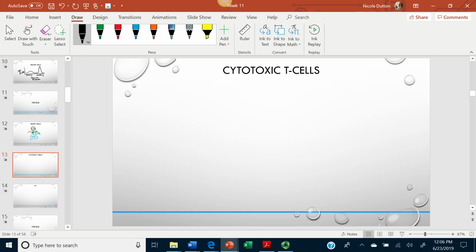Cytotoxic T cells are a little bit different. So cytotoxic T cell, which we'll abbreviate TC cell, has a T cell receptor. And that T cell receptor will still bind to antigen.